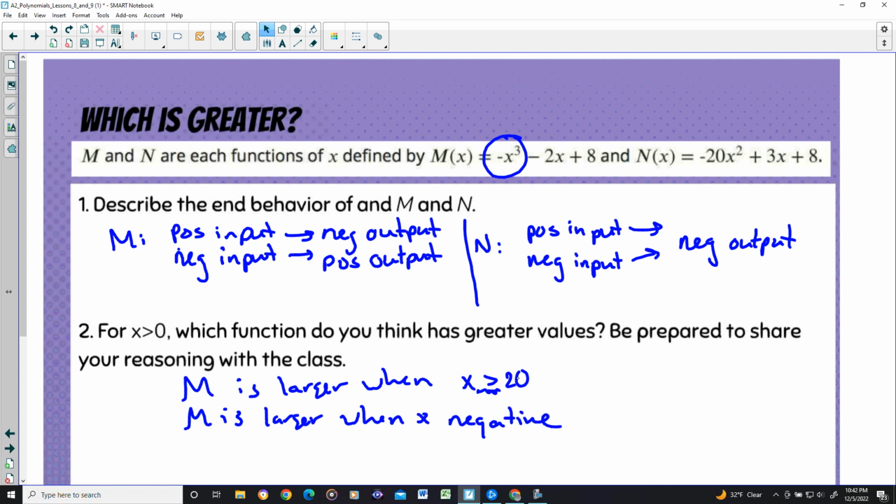It seems pretty clear then that m is going to be larger when x is negative. Maybe not right away, but most x numbers. And we only know that because, again, we have the end behavior up here, because m will give you positive values when the input is negative, but n will not.